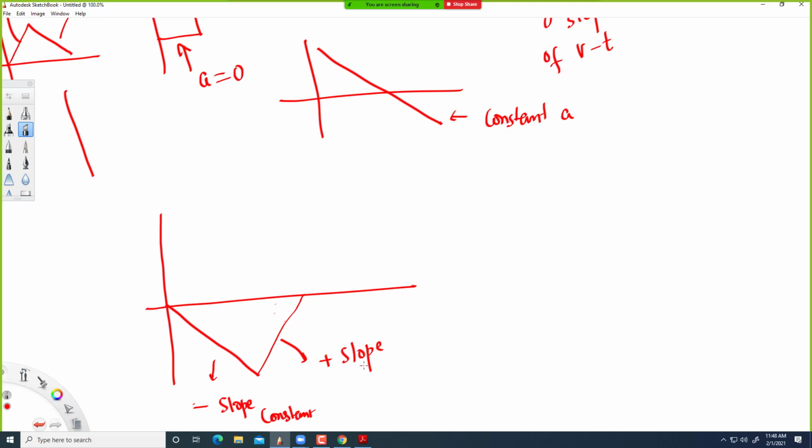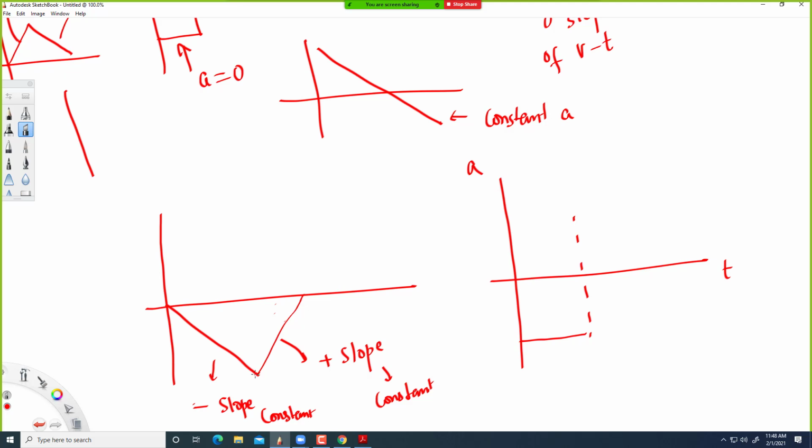This is also constant. So if I have to draw acceleration versus time, I have negative constant slope, and then it jumps from negative constant slope to positive constant slope at that point. So then I have positive constant slope. Okay, so that's that, and then that's that.